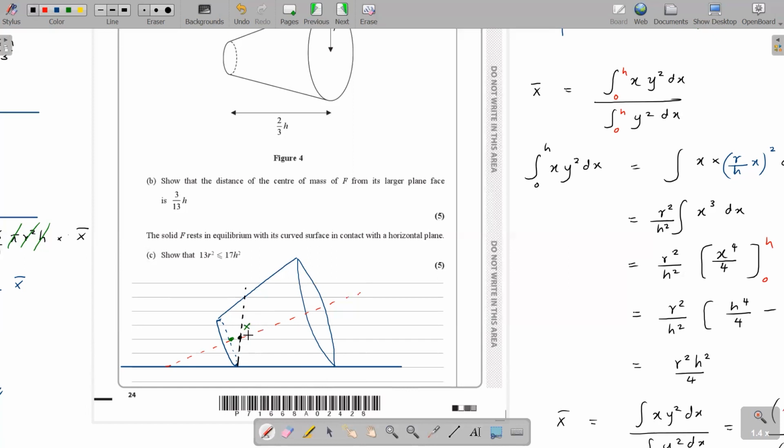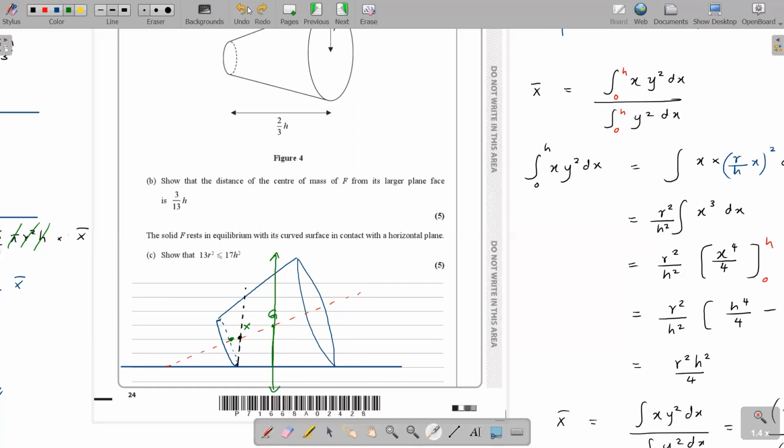Your G should be after point X. Are you with me? In that case, the object will be in equilibrium because the weight and the normal reaction can act on the same line. If the G acts like this, then the normal reaction will act on the same line upwards like this. They are on the same line.